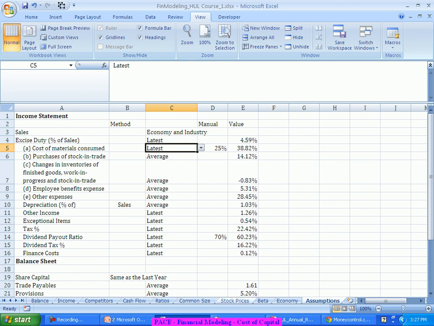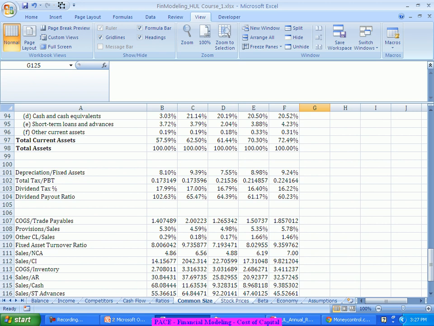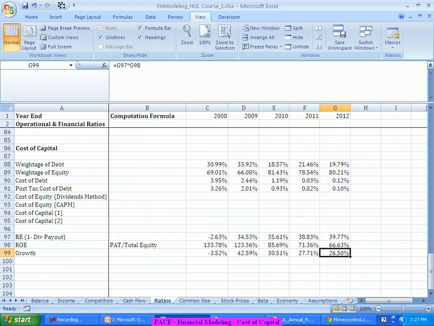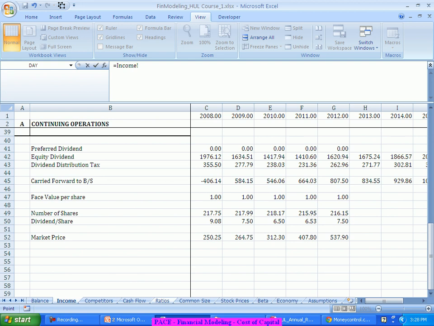So I will get the cost of equity as per the first method, D1 by P naught plus G. G we have just computed.